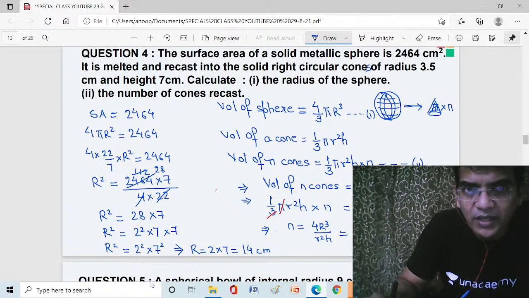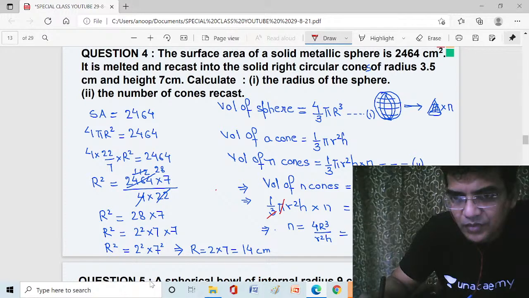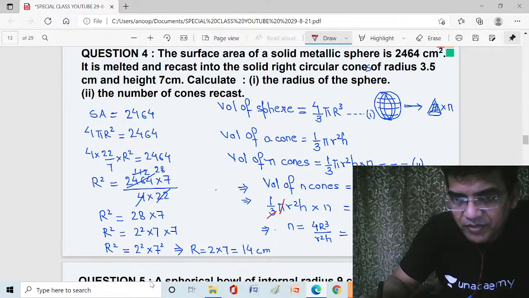Now you will be solving this equation, and let's see what you will be getting. So let me solve it for you. First of all, I can reduce, this will give me 2. Now 3.5 will reduce 14 and give me 4. This again, 3.5 will reduce 14 and give me 4. So I am left with 4 into 4 into 4 into 2.